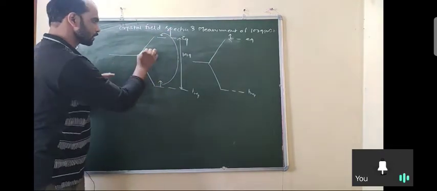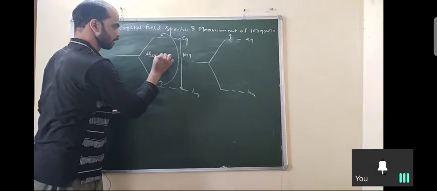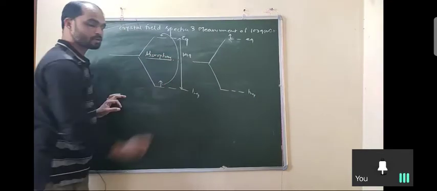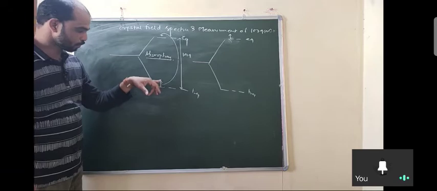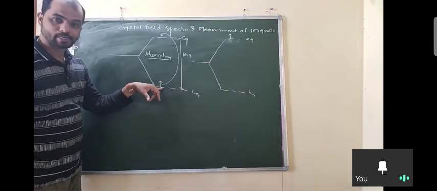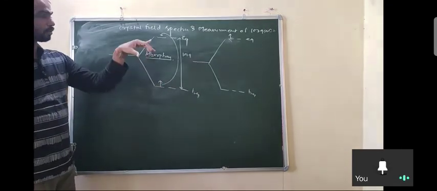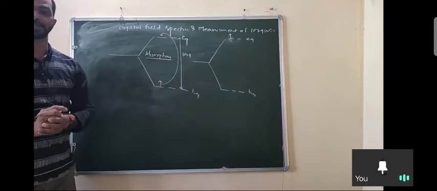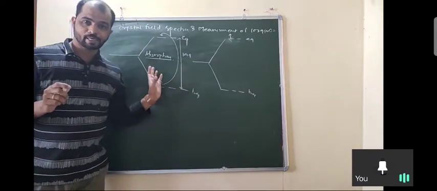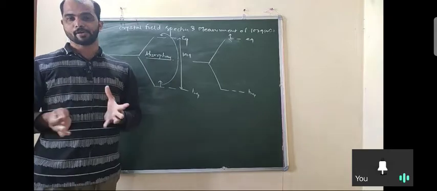This phenomenon is absorption. So absorption energy is required to promote the electron from the lower energy state to the higher energy state. Using this spectra we can calculate the 10 Dq value.